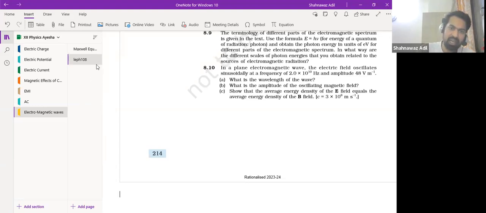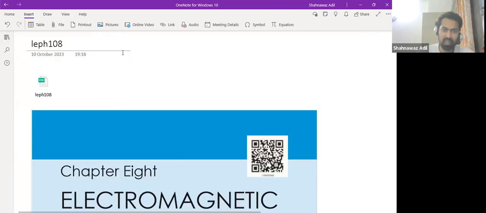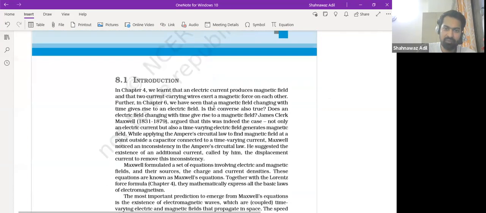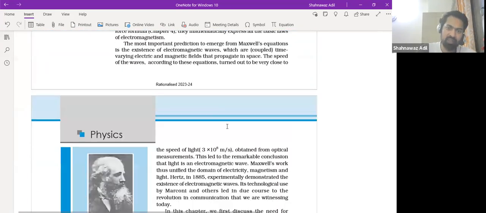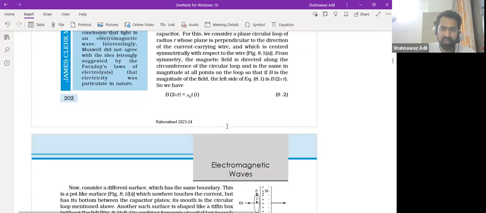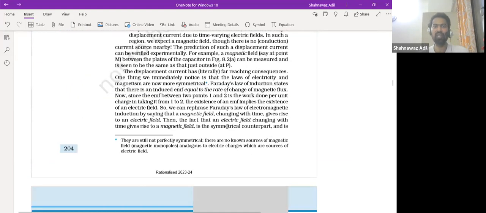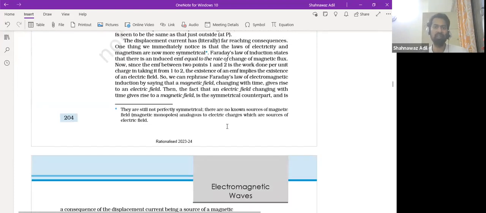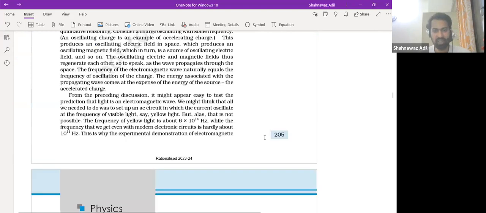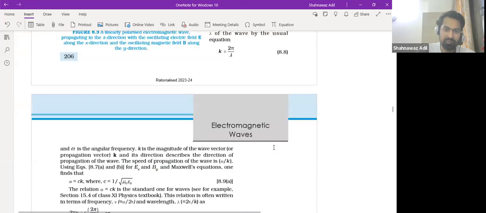So for communication purposes, we use radio wavelengths. And we have X-rays, gamma rays, infrared rays, ultraviolet rays. All these waves come under the electromagnetic spectrum because they have different origins, different wavelengths and different uses.